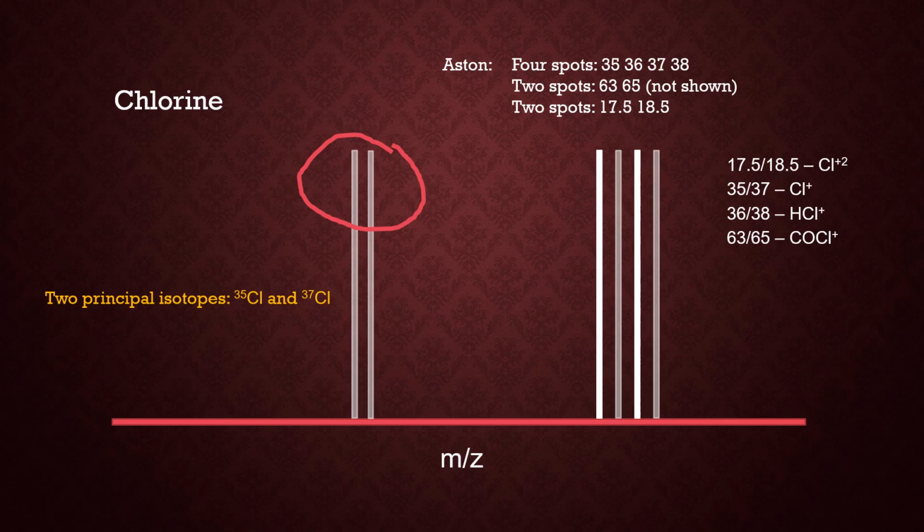And then similarly, which I don't have on the mass spectrum of the slide, are the 63 and 65 faint lines, which correspond to a different type of chemistry where you have a kind of carbon, oxygen, and chlorine molecule formed.